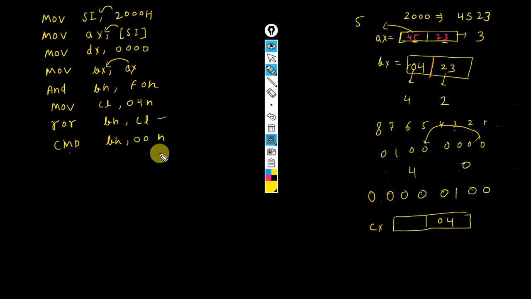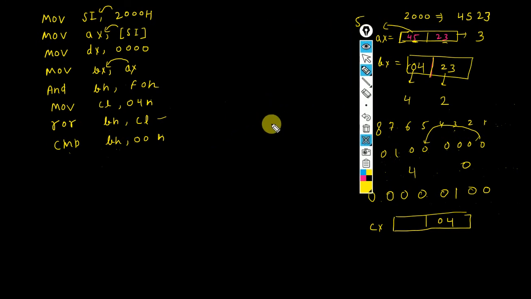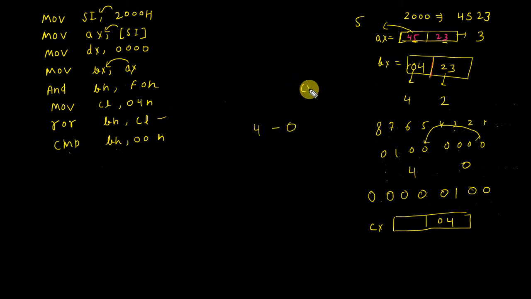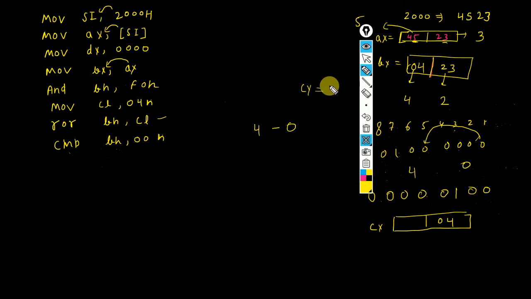Here we compare the BH value with 00H. In the compare instruction, basically we subtract. The BH content is 4 minus 0. 4 minus 0 means our carry flag status is 0 in this case, meaning this 4 value is greater than this reference value.